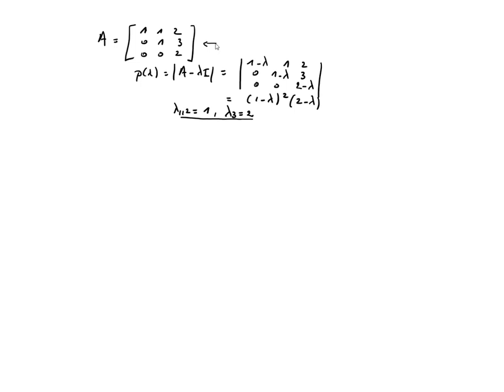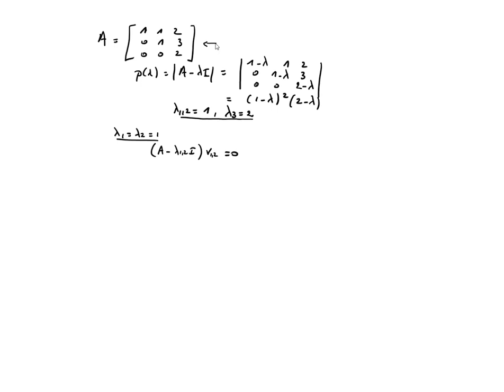So let us look at the case lambda 1 is equal to lambda 2 is equal to 1, and we compute (A minus lambda_{1,2} I) times v_{1,2} is equal to 0.